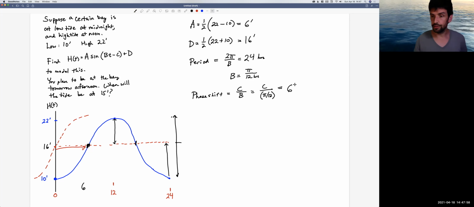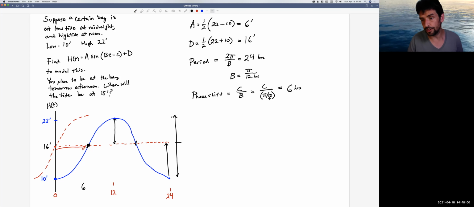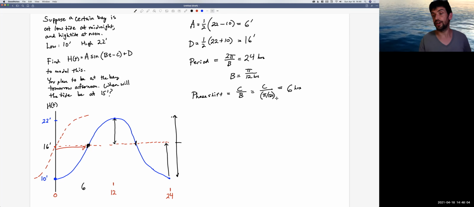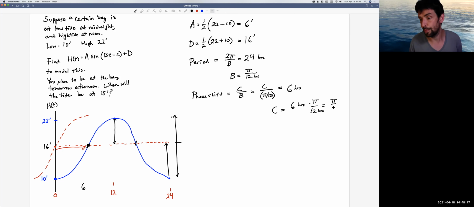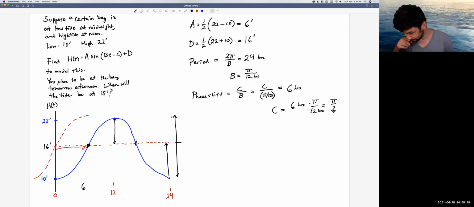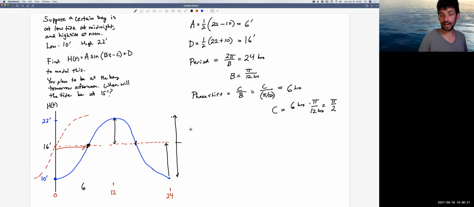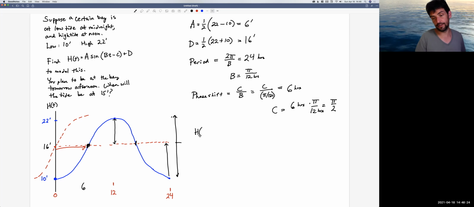So let's put the units back in again. This is hours. I had hours down here. So I'm going to multiply both sides by this denominator to get C equals 6 hours times pi over 12 hours. Notice the hours will cancel, and C is just a number, pi over 2. Okay, and so now we have everything in place.